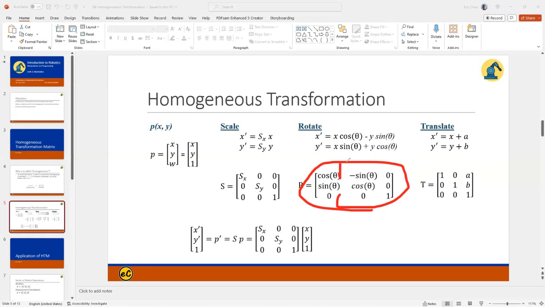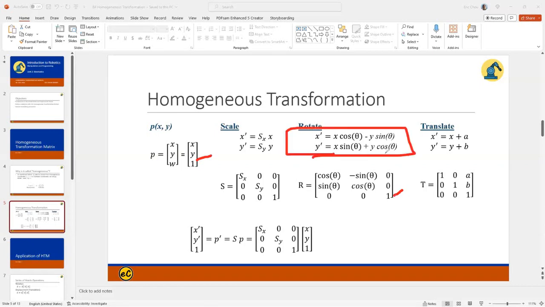We talked about it already. This is R theta, and this R theta happens on the XY domain. G doesn't rotate. G right now is fixed as 1, so G just picks 1. So this is a 2-dimensional operation, but we add 1 more dimension to it. You will have a rotational matrix like this. Translation, you will have 1, 0, 1, 1, and you put the translation on X and Y here.